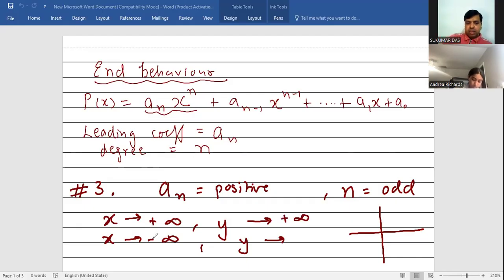And when x tends to negative infinity, y will go to negative infinity. So that means we have to show the end behavior with one arrow like this and another arrow like this.